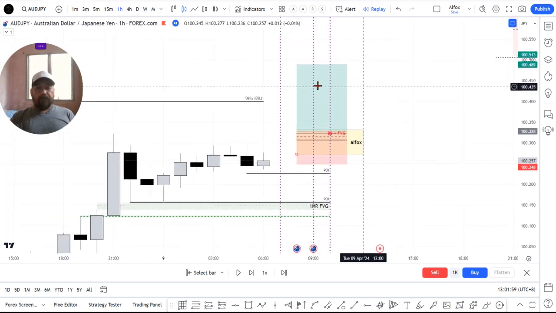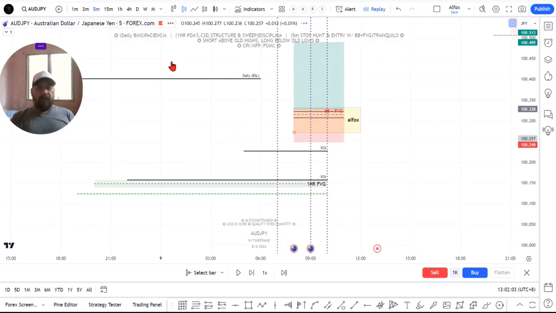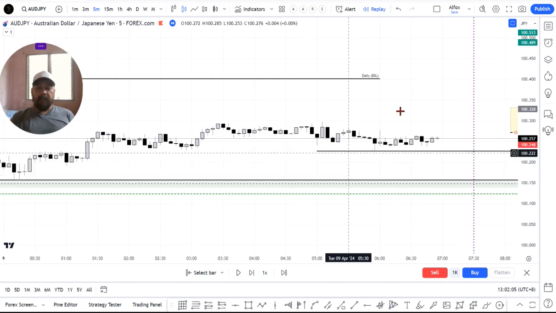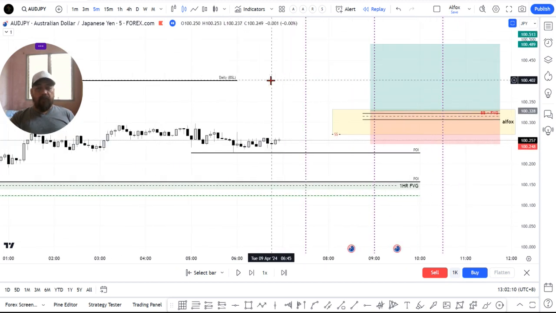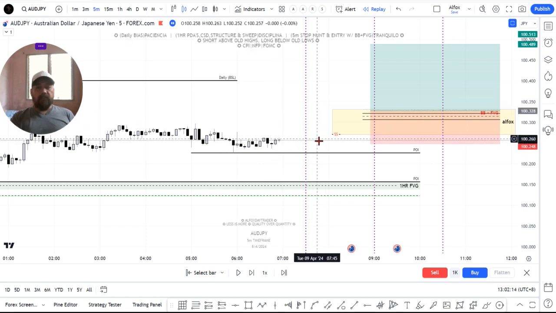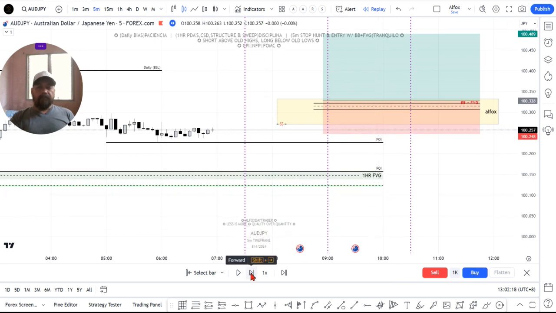So now that I have my narrative, I went down to my entry time frame, which is 5 minutes. In this time frame, I'll just wait for time to get into our trading zone. Okay? So now let's continue.